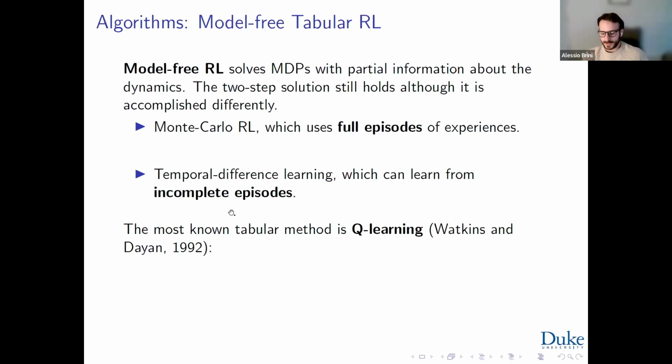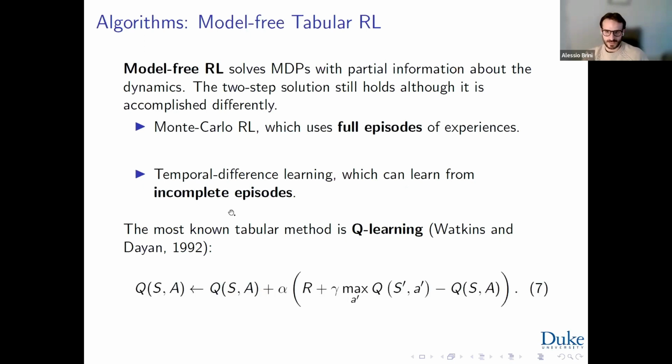It's called a tabular method because in its very essence, you have a table where each entry represents a state and action pair. Through an iterative update function, Q-learning modifies the entries of the table, and the table exactly represents the action value function.